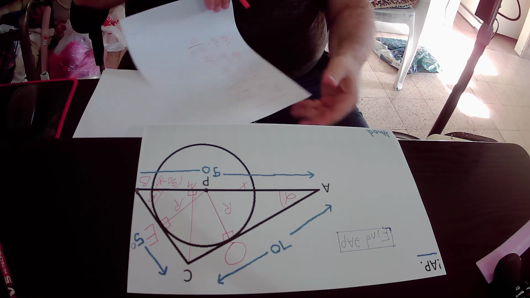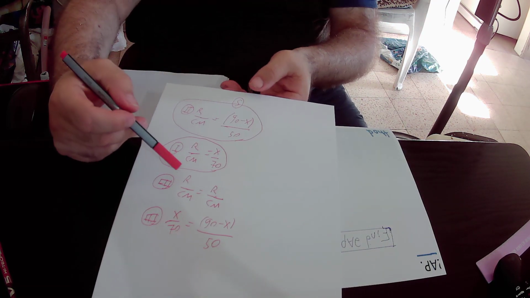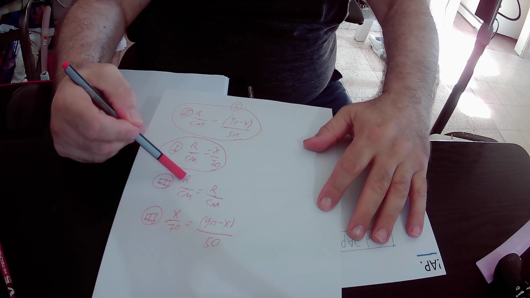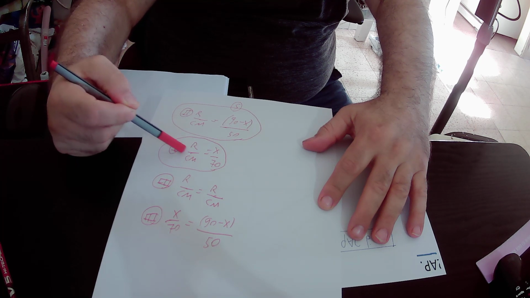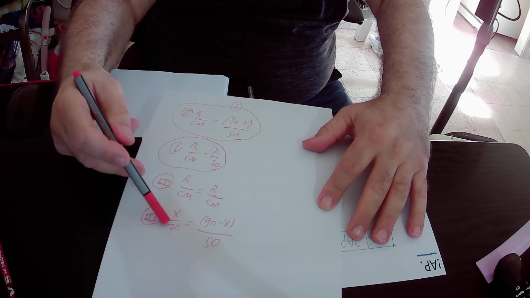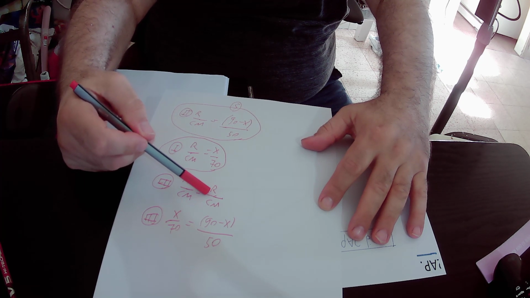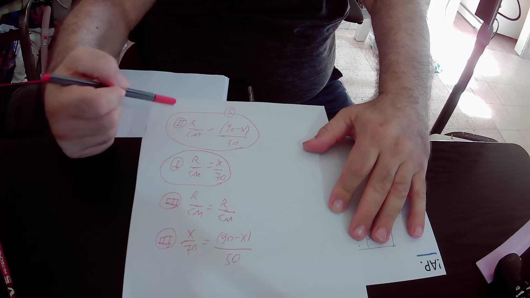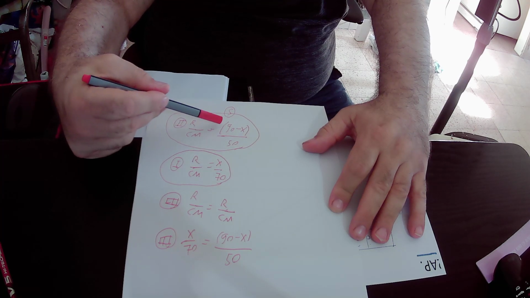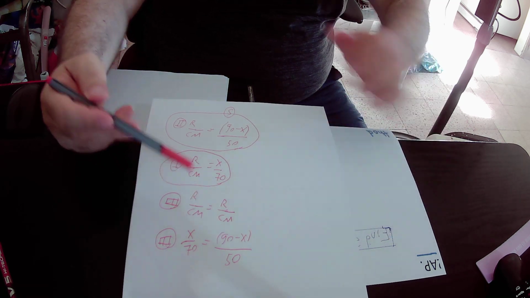Okay, I will repeat again. Actually, we substituted the value of R over Cm by the value of R over Cm in the first equation, that is to say x over 70, and then in this side of the equation we substituted R over Cm by the value of R over Cm in the second equation, that is to say 90 minus 6 over 50.